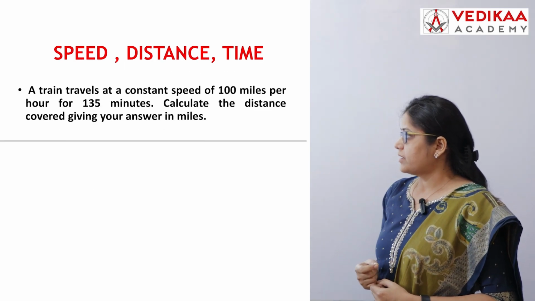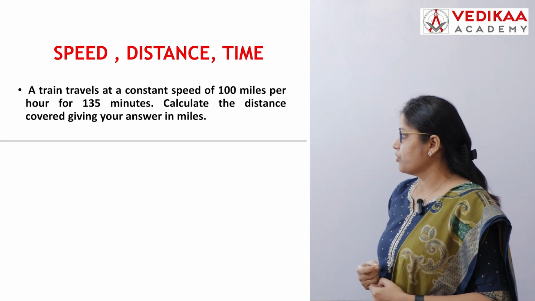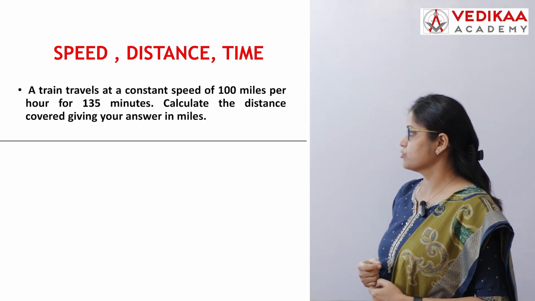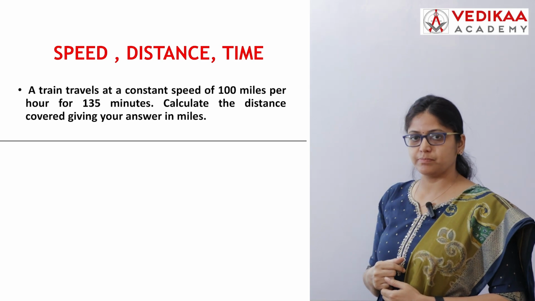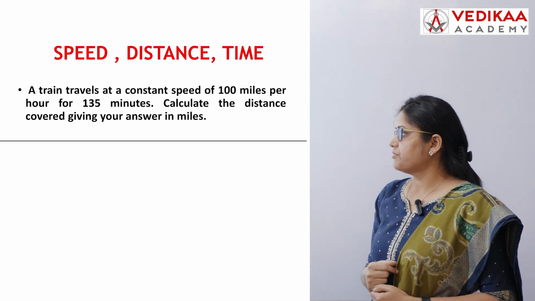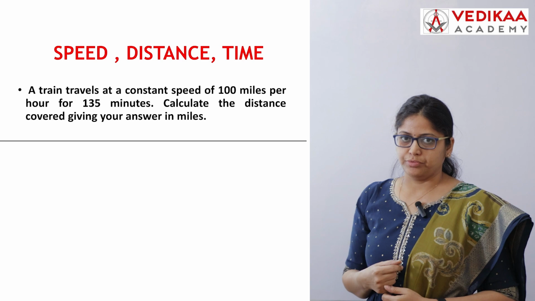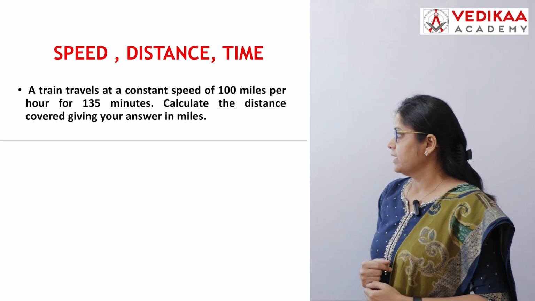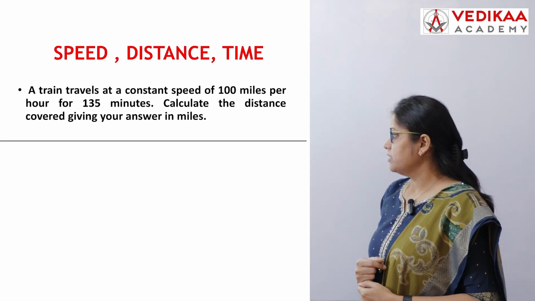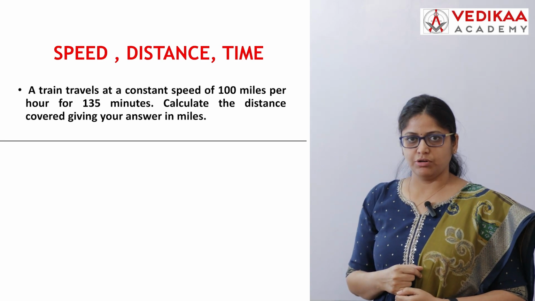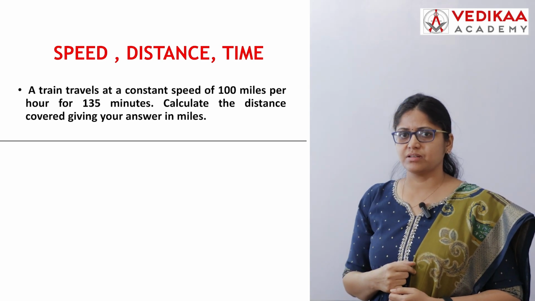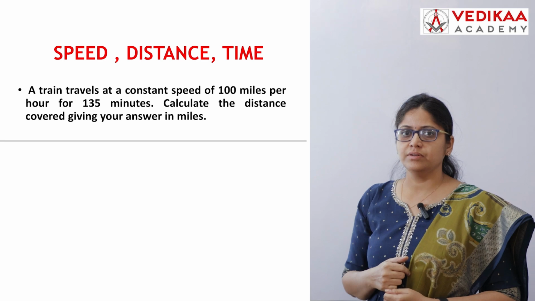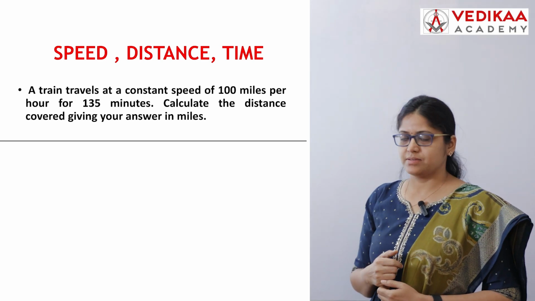Next one: a train travels at a constant speed of 100 miles per hour for 135 minutes. So speed is given to you as 100 miles per hour and time is given to you as 135 minutes. Calculate the distance covered, giving your answer in miles. Now some specification is given that you have to calculate the distance in miles.